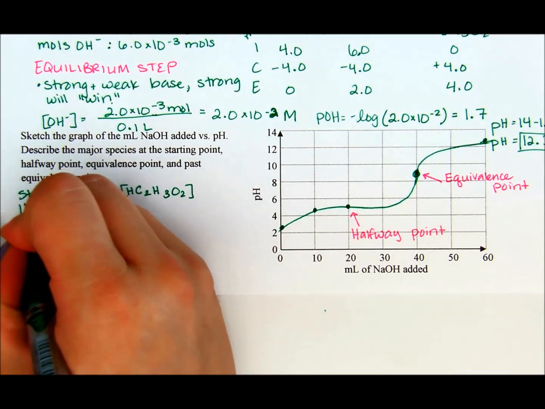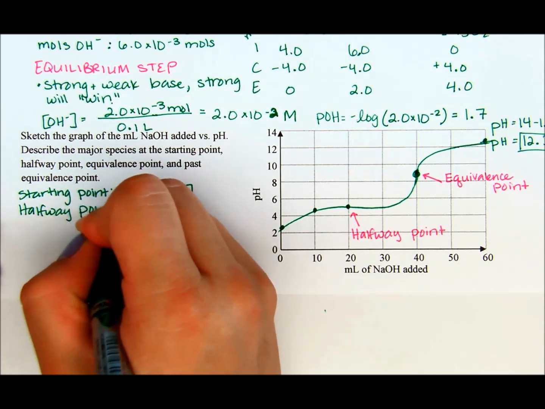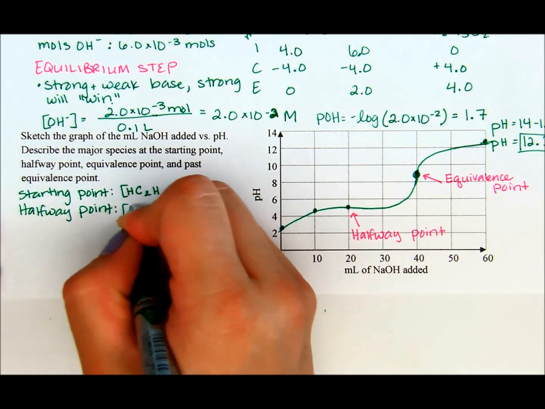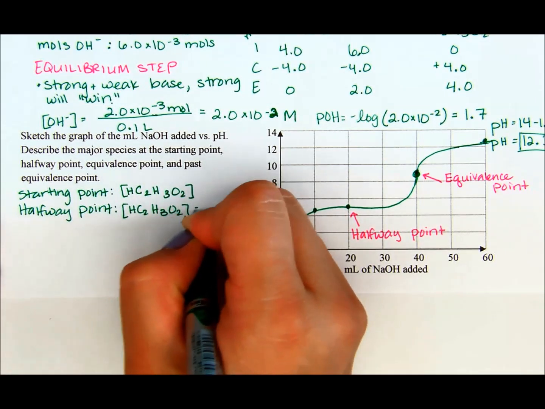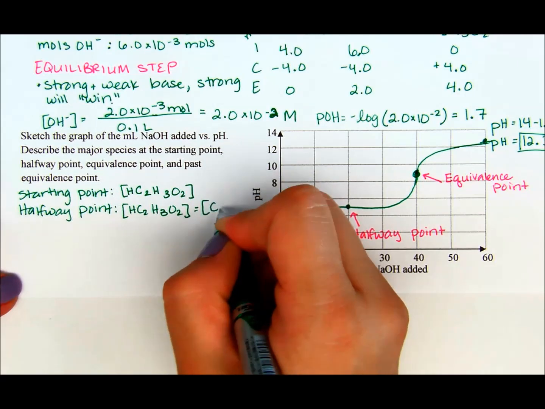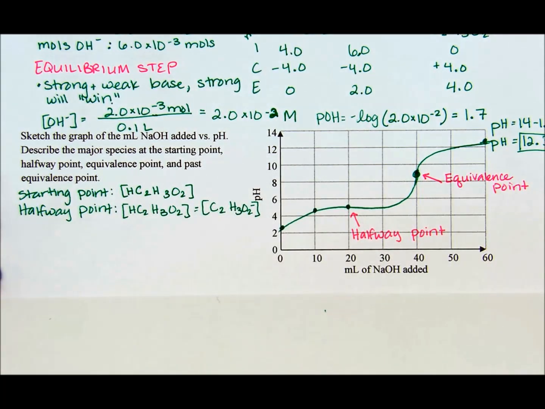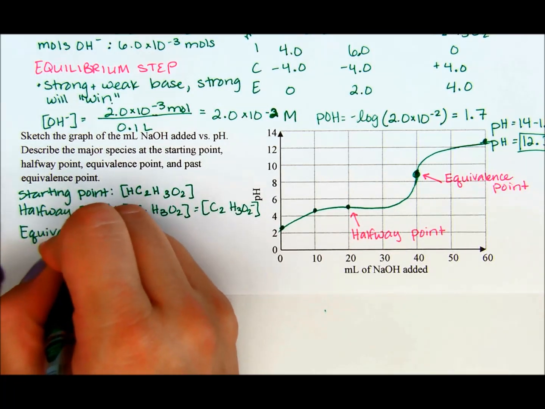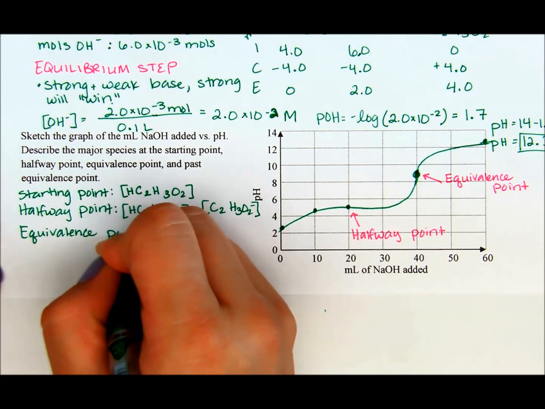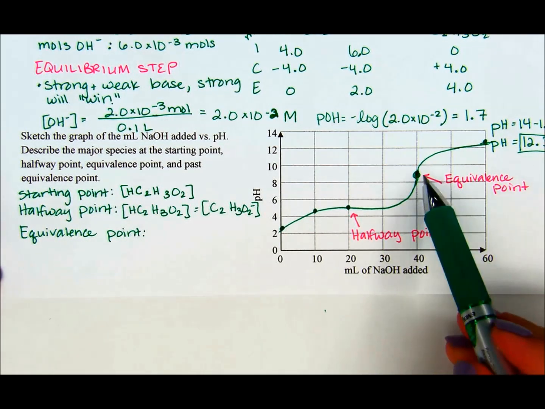So at the halfway point, the concentration of our acid was equal to the concentration of our conjugate base. At the equivalence point, we've added just enough base to neutralize all of our acid.